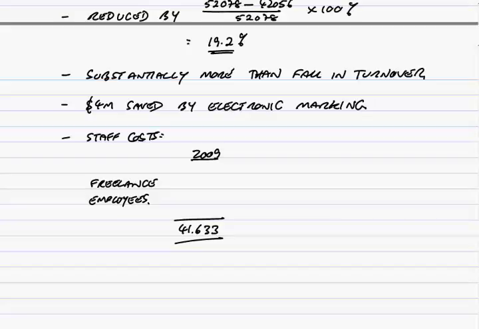So 35% of that, 14,572. The remaining 65% must be our own employees. I better just check my arithmetic for a minute. 35% of 41,633, 14,500, that's right. And so, what's left? 27,061 for our own employees. What about 2010?